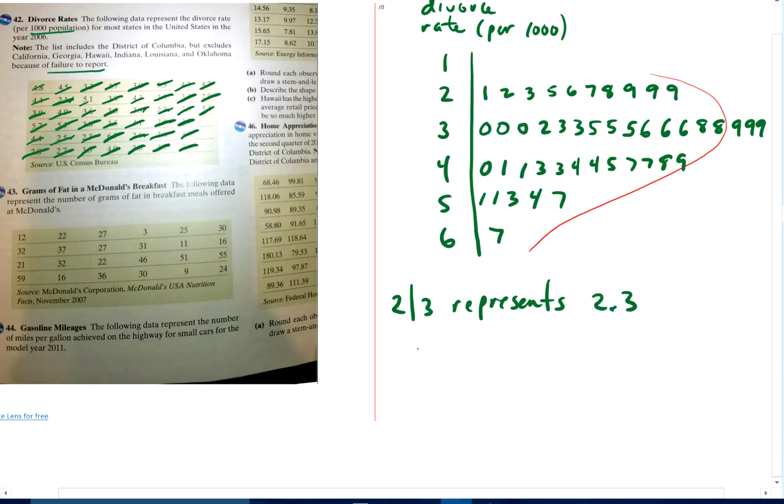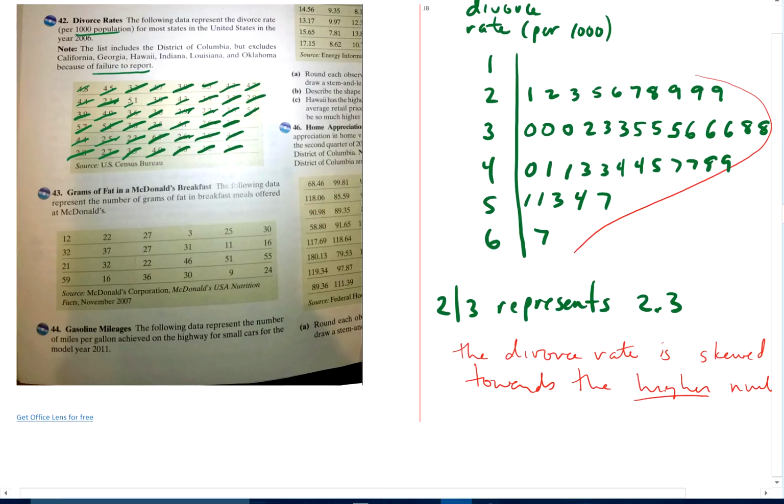So it's better to say the divorce rate is skewed towards the higher numbers. That's the best way to say it, towards the higher or lower numbers rather than to the left or the right.